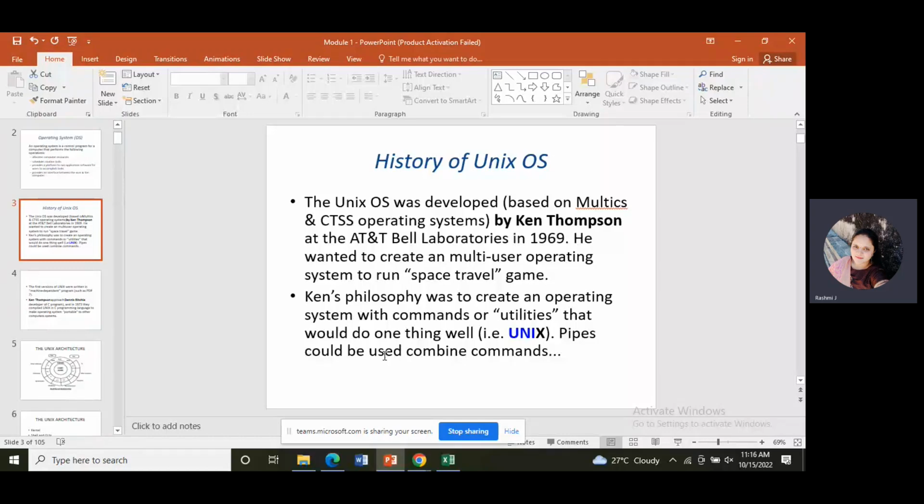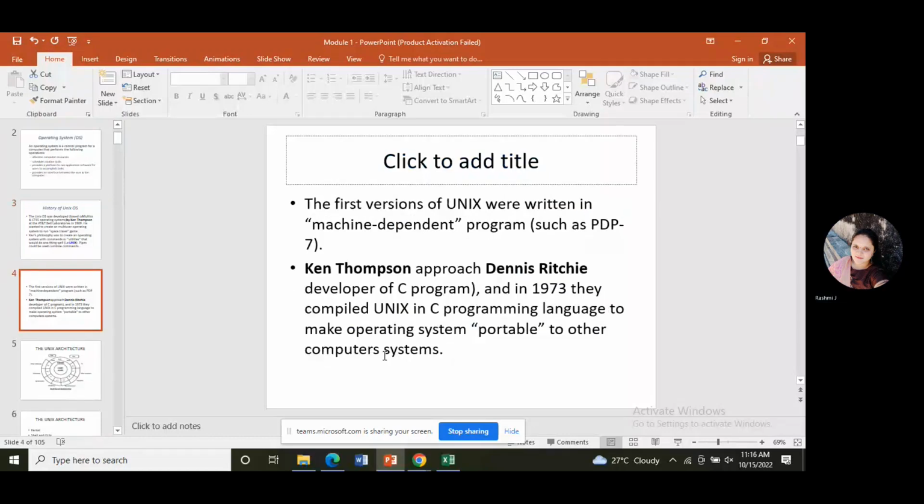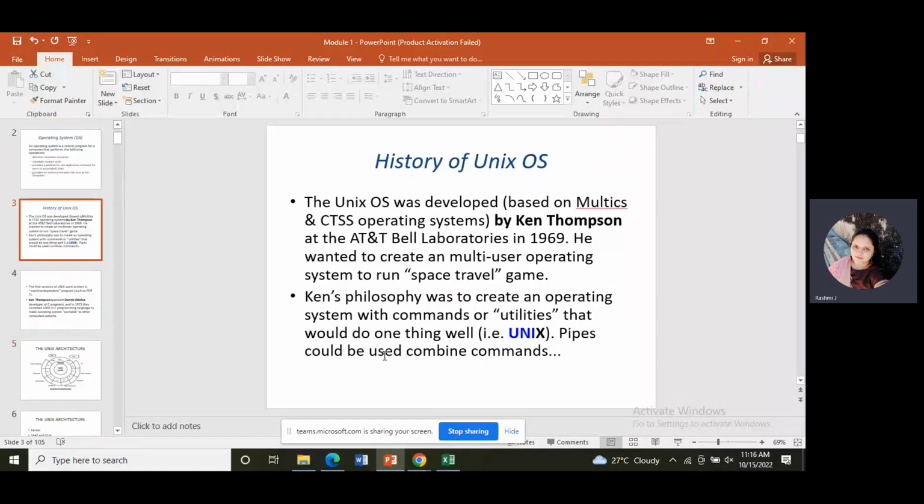After that, the University of California, Berkeley created its own Unix. Based on this Unix, they created their own Unix system called BSD, Berkeley Software Distribution Unix.